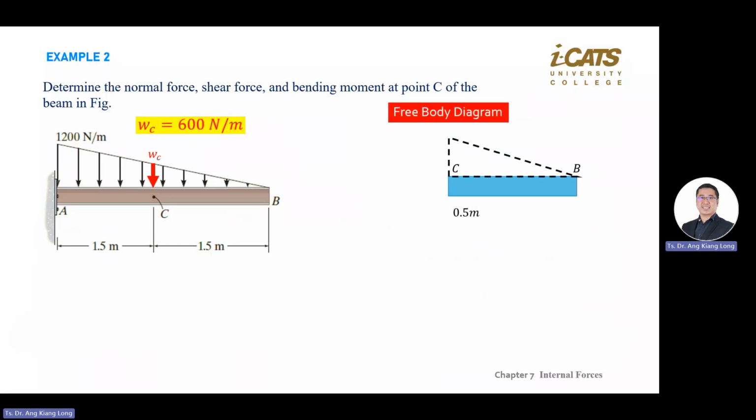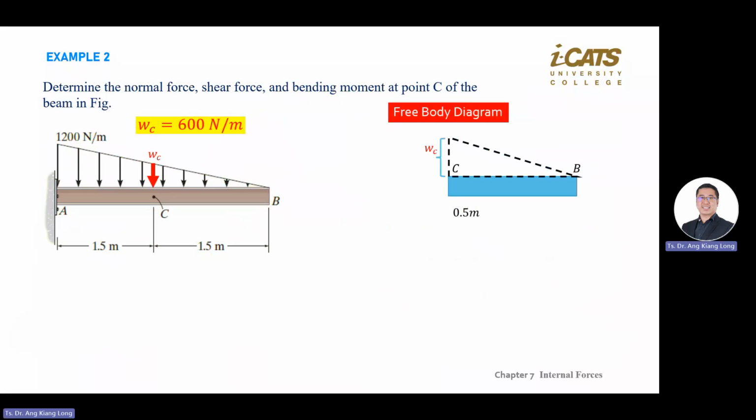Okay, so let's see what happens if you take B and C. You draw the free body diagram for section B and C, and then copy the triangular distributed load. You know that at section C you find 600 Newton per meter, right? So you write WC there.